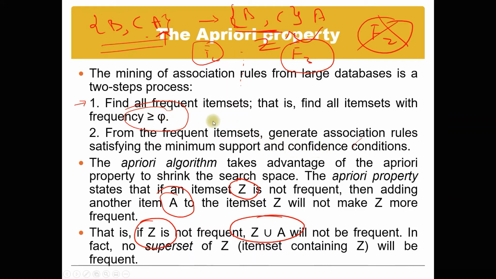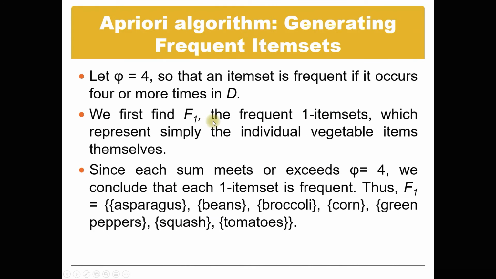Given that each and every one of them is part of F1, you can also start deriving a rule, like if buy asparagus, then buy nothing. You just leave it blank.